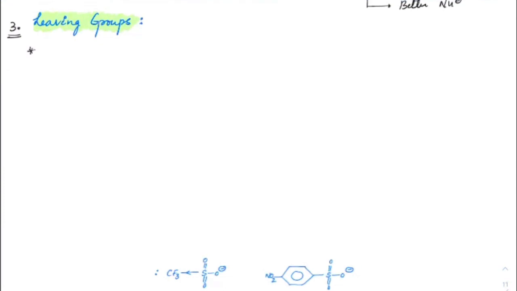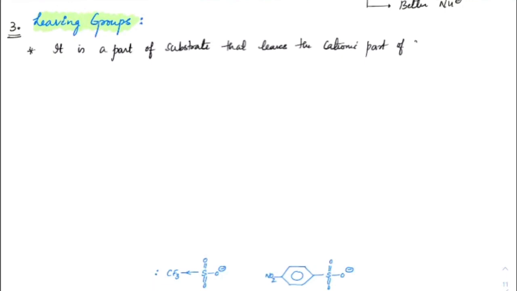So leaving group, right? It is a part of the molecule. It is a part of the substrate or reactant that leaves the cationic part of the substrate with an electron pair.